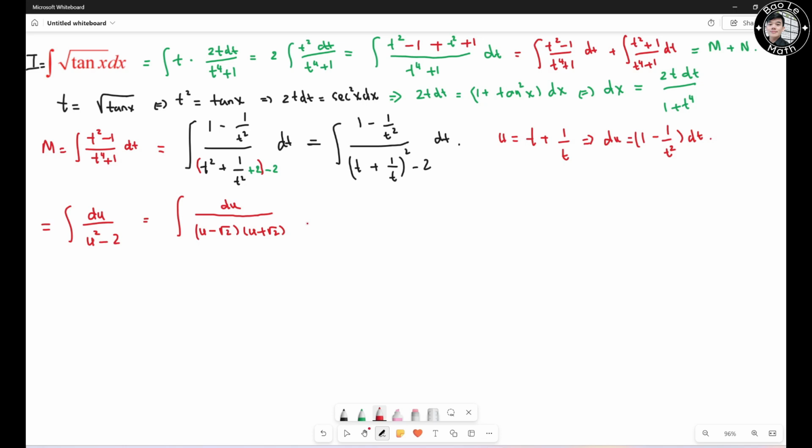Okay, so I'm going to use the decomposition method to decompose this rational function. So what should I do?